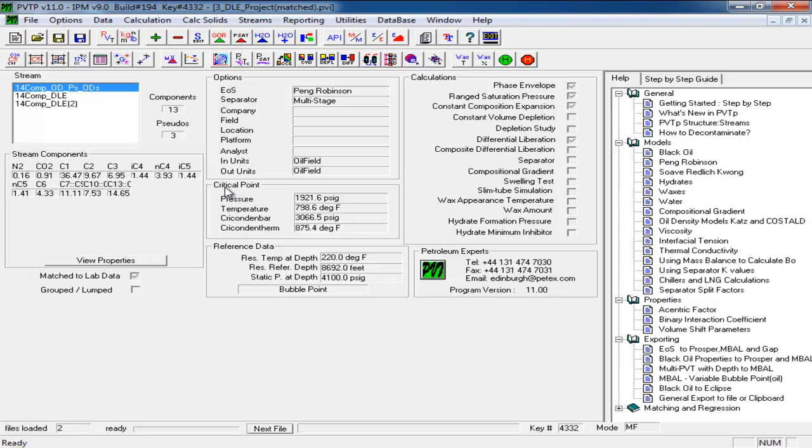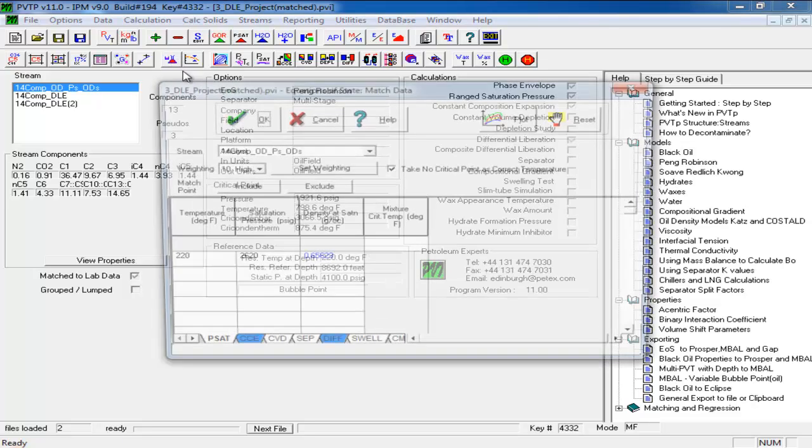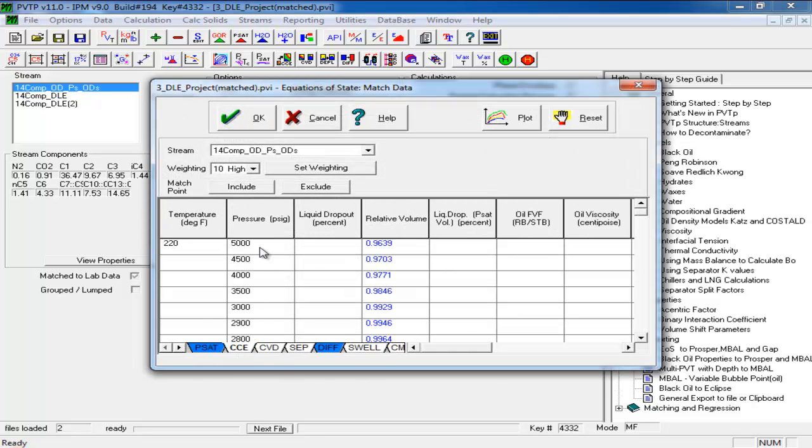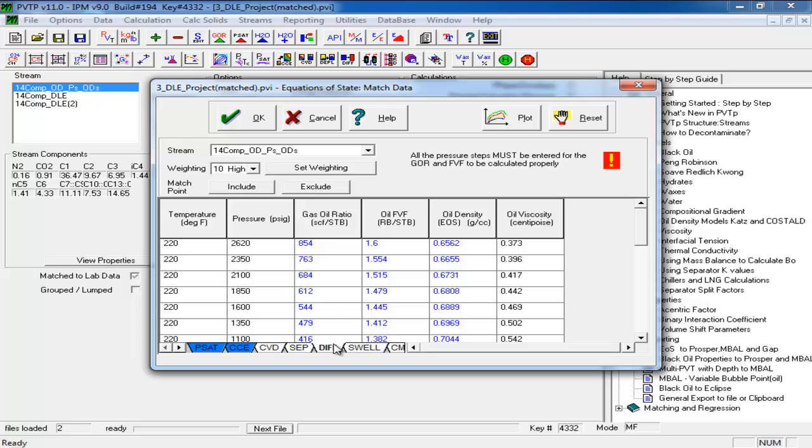Okay. First, we show that in the software. We know here that when we compare the lab measurement with the calculated data, it was okay. Then we go to differential. In differential, we have several pressure stages with gas oil ratio, beta O, oil density, oil viscosity.